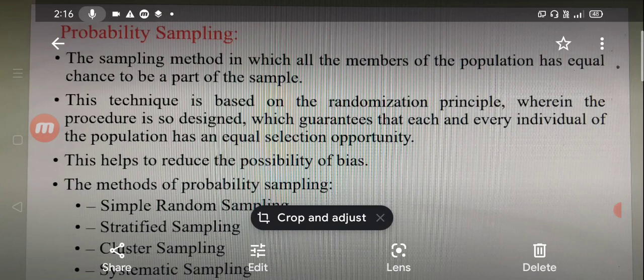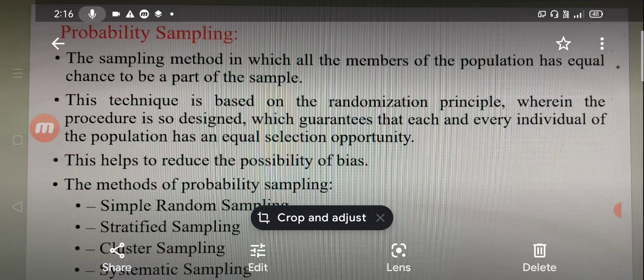And the simple random sampling is one of the subdivisions of the probability sampling. Here the simple random sampling procedure is designed to guarantee each and every individual of the particular population or group an equal opportunity to become the respondent without any bias.